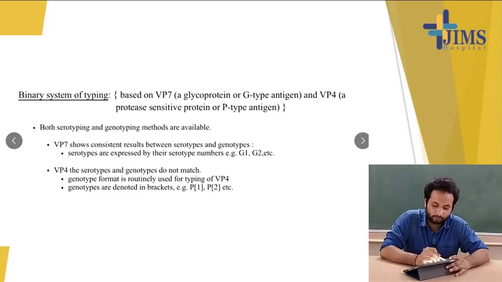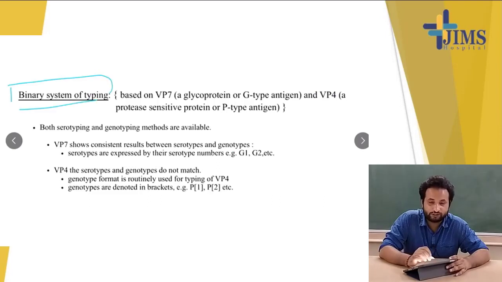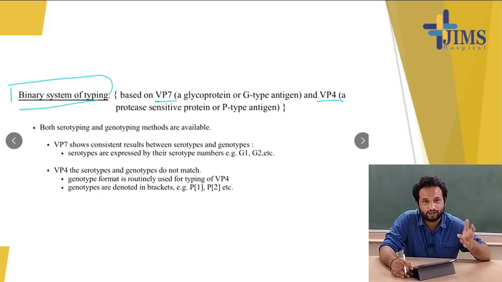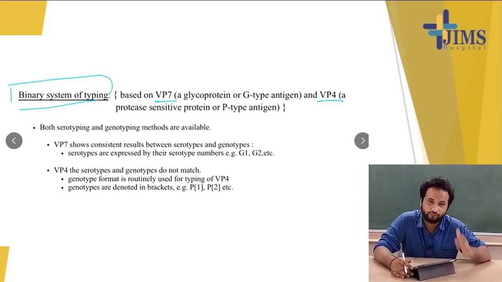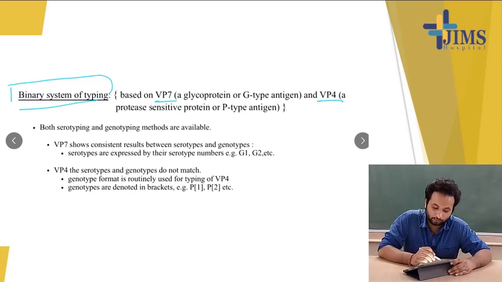And then there is the binary system of typing, which is based on VP7 and VP4. VP7 is a glycoprotein, so it is a G type antigen, and VP4 is a P type antigen, or protease-sensitive protein. Both serotyping and genotyping can be done by this binary system of typing.